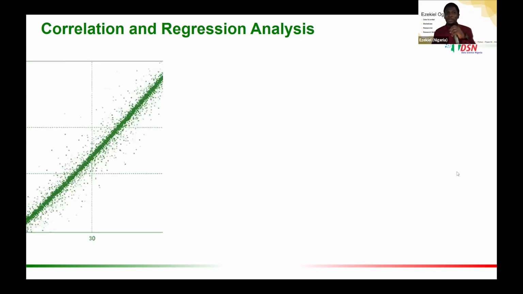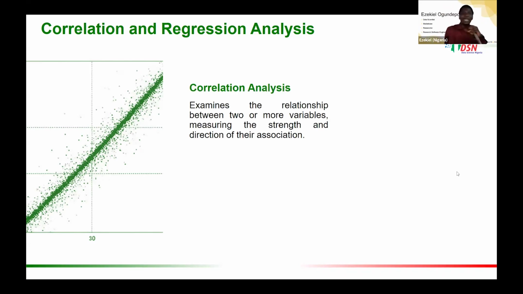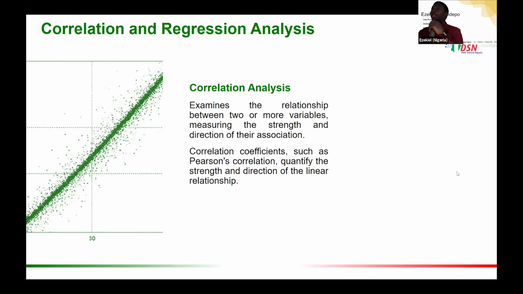It's possible. Okay, so we have correlation. What is correlation? Correlation is the degree of linear relationship between what? Between two or more variables, right? And we have two methods of calculating correlation.